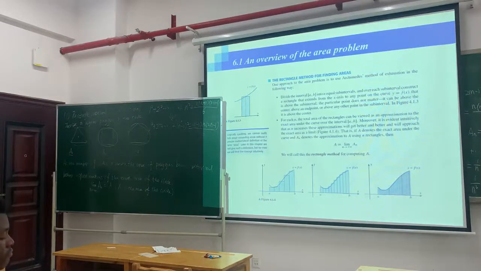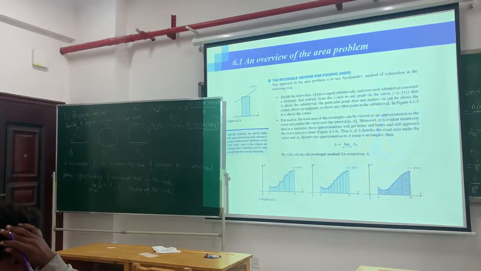Now we can open the bracket, okay? So here is 2n squared minus 3n plus 1, divided by 6n squared. Yeah? 2n squared minus 3n plus 1.